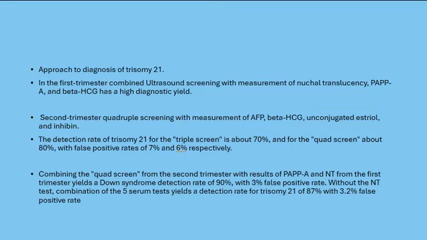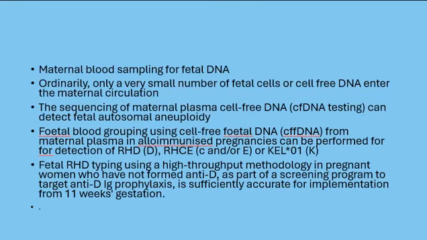Maternal blood sampling for fetal DNA. Ordinarily, only a very small number of fetal cells or cell-free DNA enter the maternal circulation. The sequencing of maternal plasma cell-free DNA, cfDNA testing, can detect fetal autosomal aneuploidy.